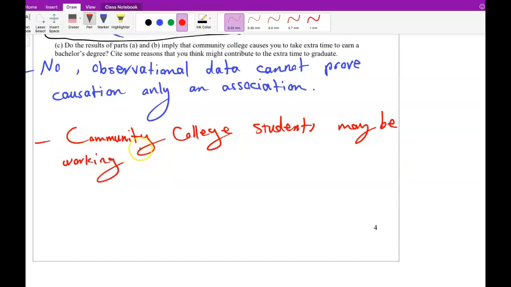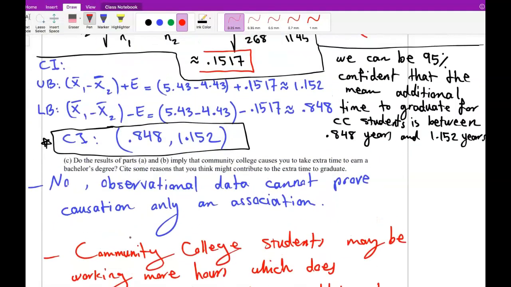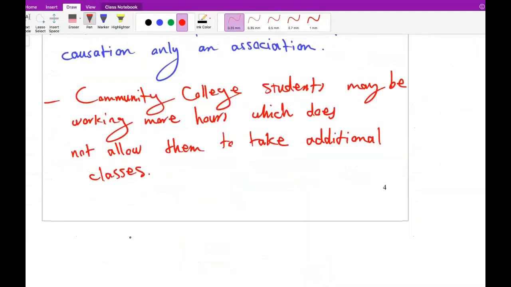So this can be a reason, which doesn't allow them to take additional classes. Okay, we finished this example, and okay, we finished this part.